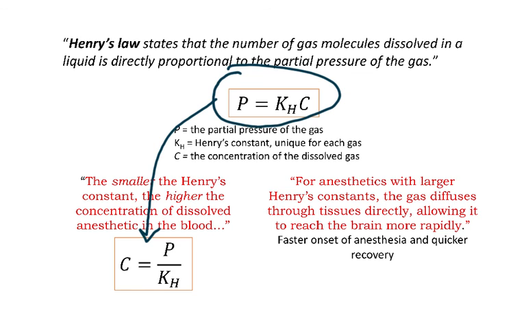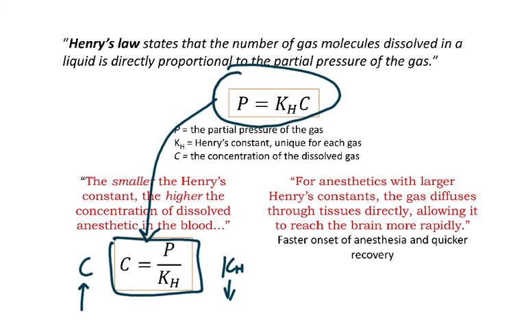So when you write it this way, if you have a small Henry's constant, so Kh is small, then the concentration is higher, and the anesthetic would stay dissolved in the blood.